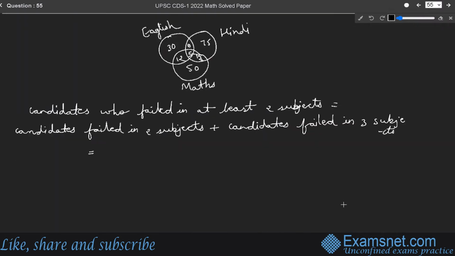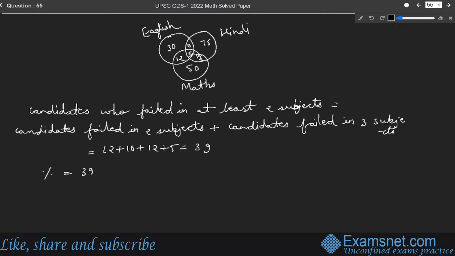So adding all these quantities, we will get 12 plus 10 plus 12 plus 5, which is equal to 39. This is the number of candidates who failed in at least 2 subjects. Now let us find the percentage for the number of candidates who failed in at least 2 subjects.